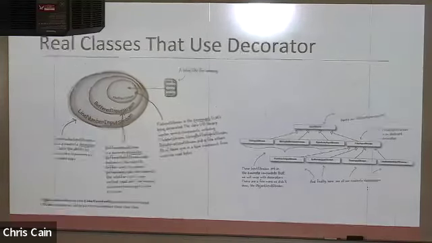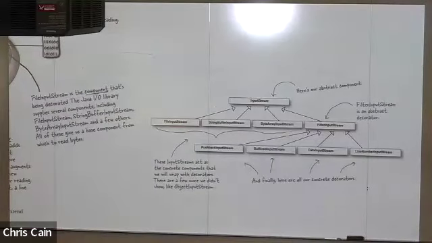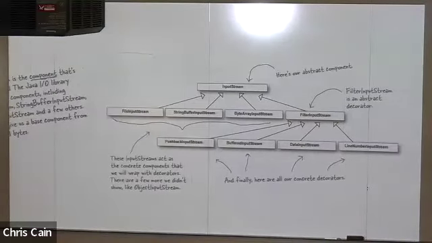And if you look at the actual UML for input streams, you can see the abstract input stream, and we have abstract decorators: file input stream, string buffer input stream, byte array input stream, and filter input stream. Each one of those has concrete decorators: pushback input stream, buffered input stream, data input stream, and line number input stream.